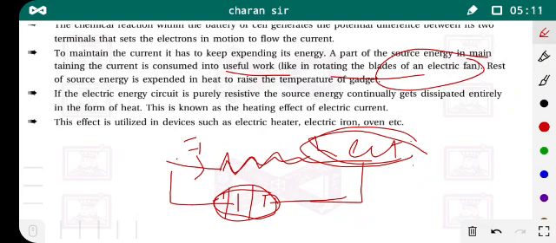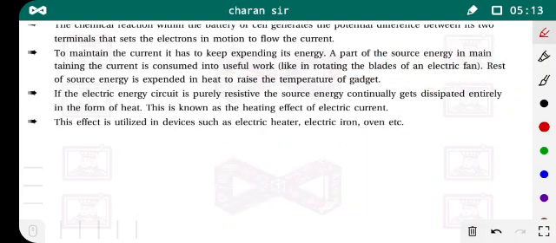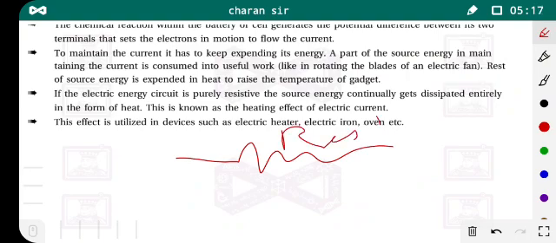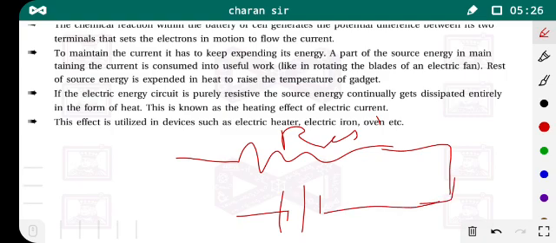If we have an electric circuit with only resistors, a resistive circuit, with no other devices connected, then most of the energy of the battery, or whatever source you have, is used in the form of heat only.